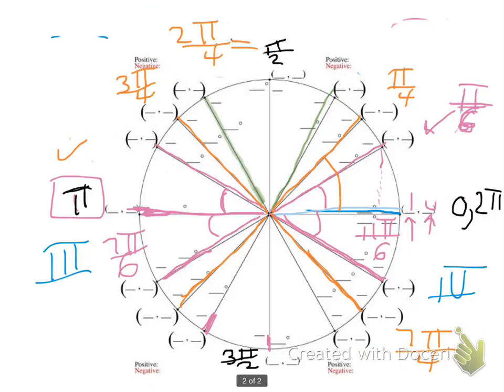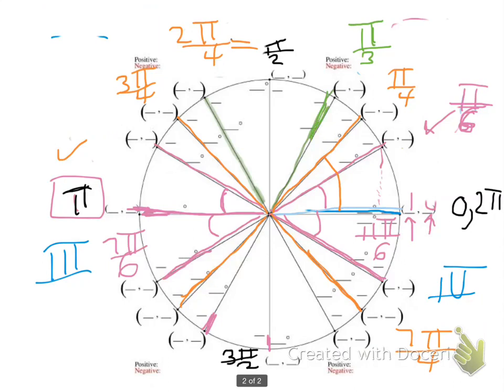Alright, so we have just basically one more angle left to build, and I started building that one in green when we were doing pi over 6, because pi over 3 and pi over 6 are very related to each other. They're 30 degrees apart, because this is 30 degrees, the pink one's 30 degrees, and the green one's 60 degrees.